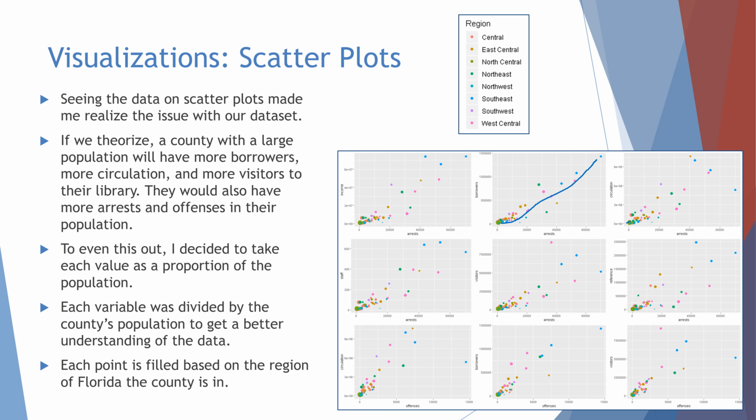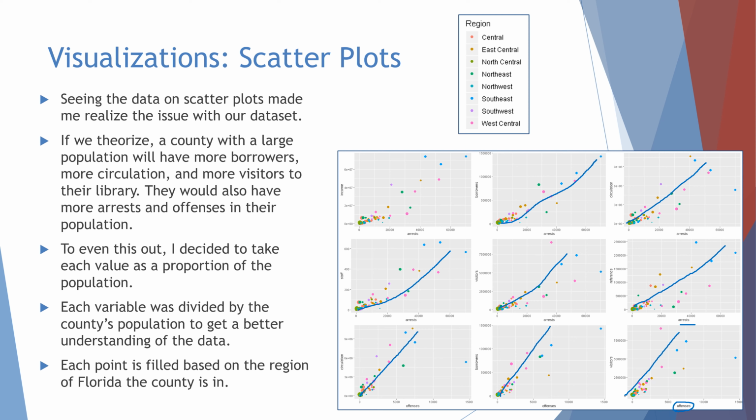And we see that with circulation as well, with staff, with visitors. Not as much with reference, it's more wide, but with circulation and offenses, borrowers and offenses, and visitors and offenses. And make sure you look at the bottom, as some of them have arrests as the X, and some of them have offenses as the X.